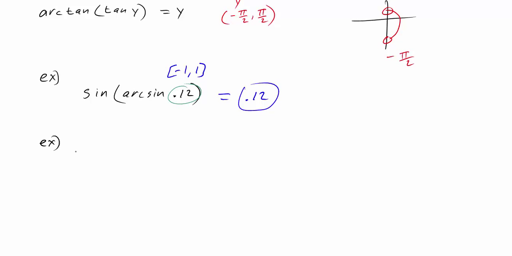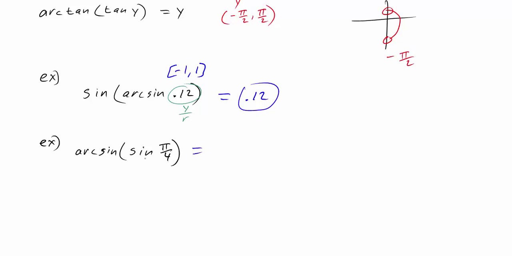Now, what if we look at it the other direction? If we had the arc sine, let's say the sine of pi over 4, what is this going to be equal to? Well, once again, make sure you notice the difference here. When we have the arc sine of 0.12, this 0.12 is the ratio of our y value, so this is y over r, okay?